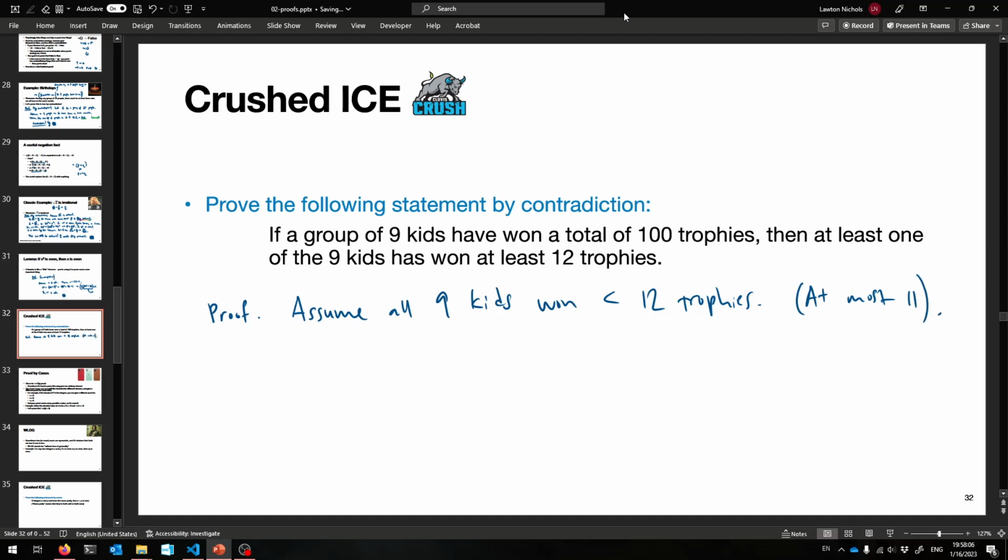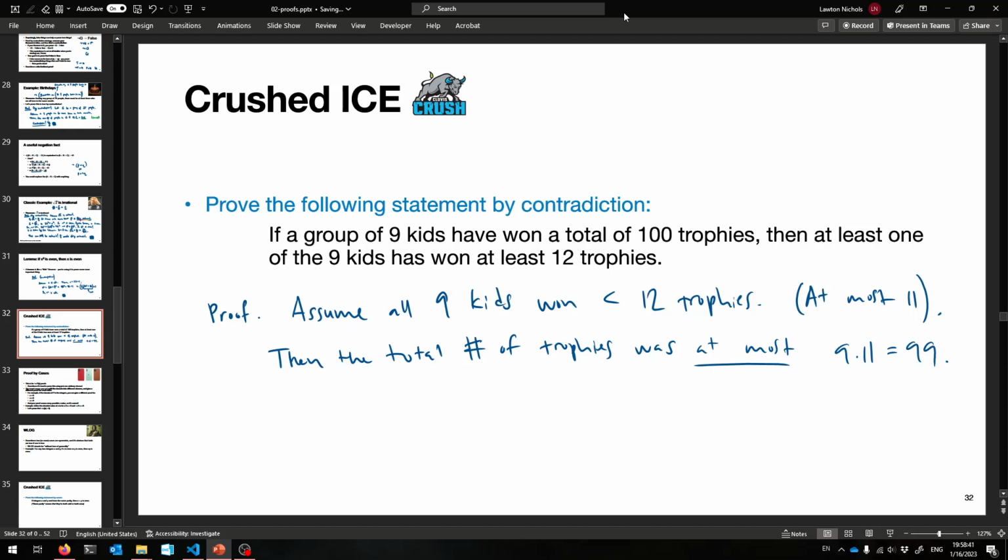Then what happens because of this? What's the maximum number? Then the total number of trophies shared among those kids was at most 9 times 11, which is 99.